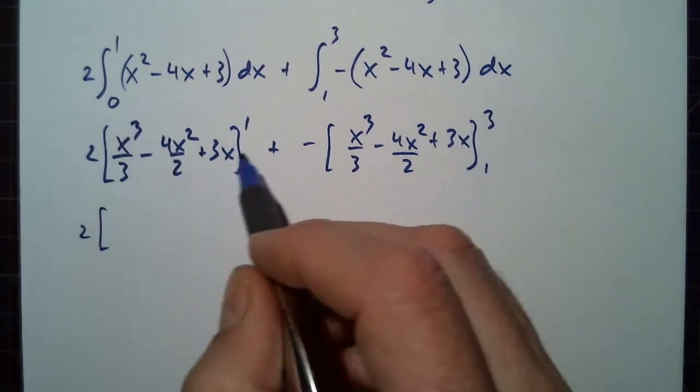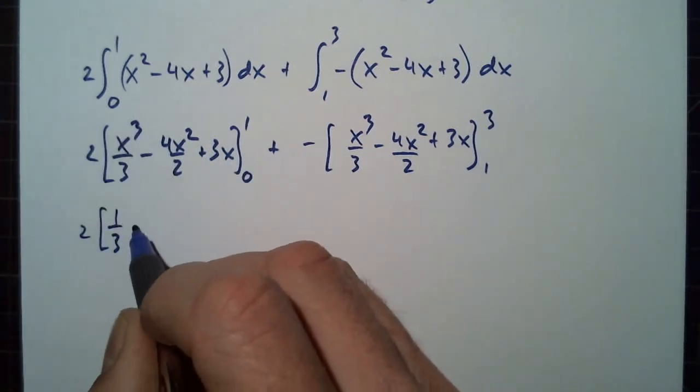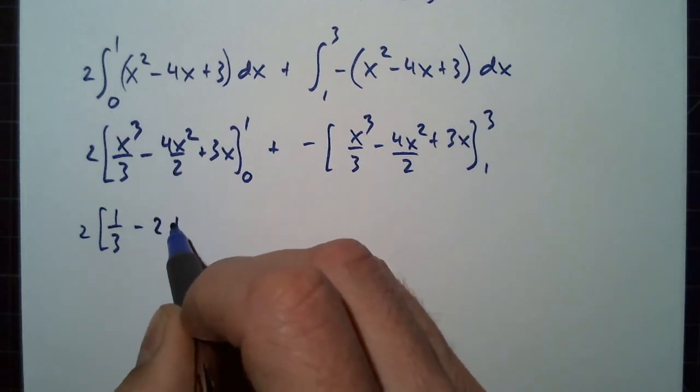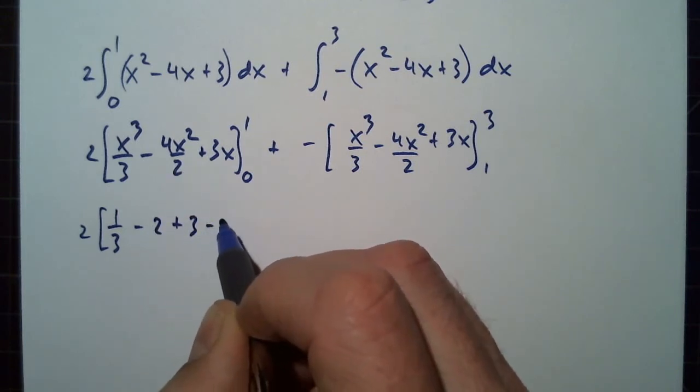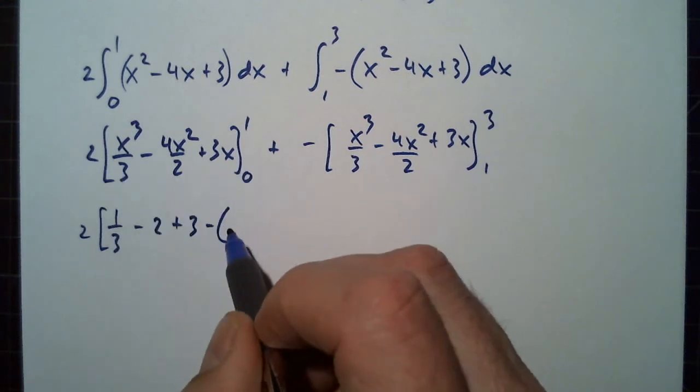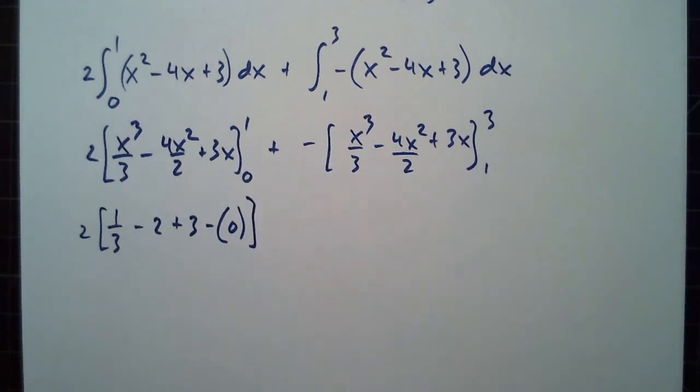Alright, let's substitute a 1 into there, and we get 1/3 minus 4 over 2 is 2 plus 3 minus, put a 0 in there, and we get a 0.